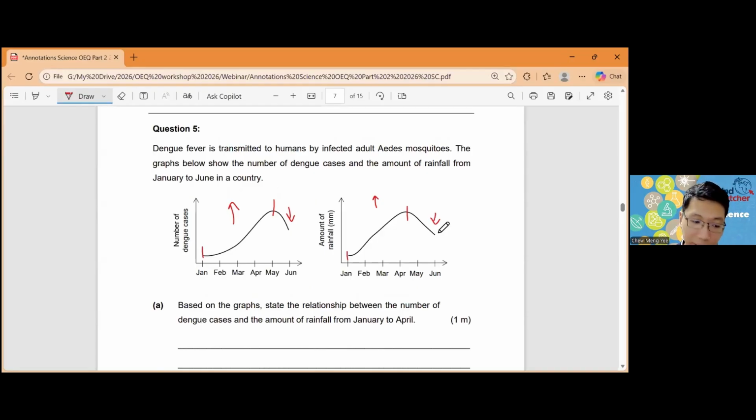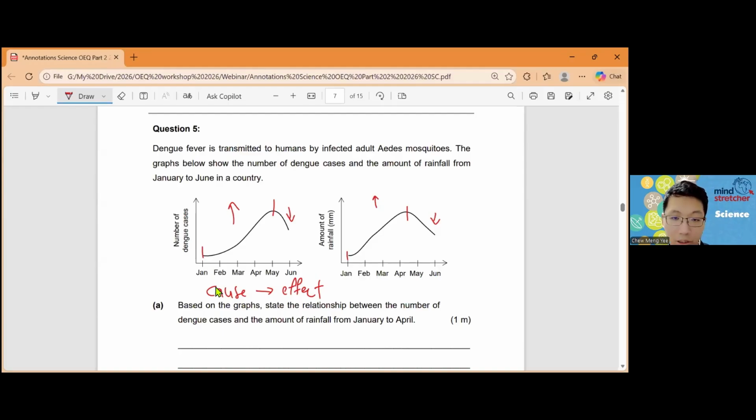When we write a relationship, you must have the correct cause and effect. Let's say, as one variable increases, the other variable increases. The first variable is the cause, meaning that it results in something else increasing or decreasing.